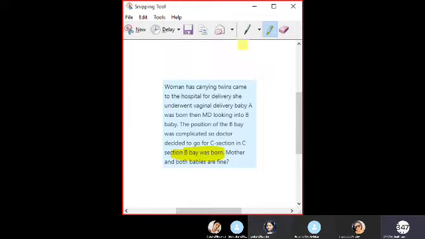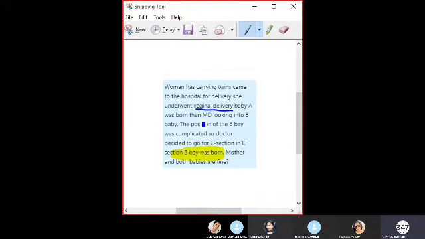Not an issue, I will explain now. I gave the same question last time also. Here, the patient has twins and came to the hospital for delivery. She underwent vaginal delivery, in which baby A was born. So baby A is delivered vaginally.